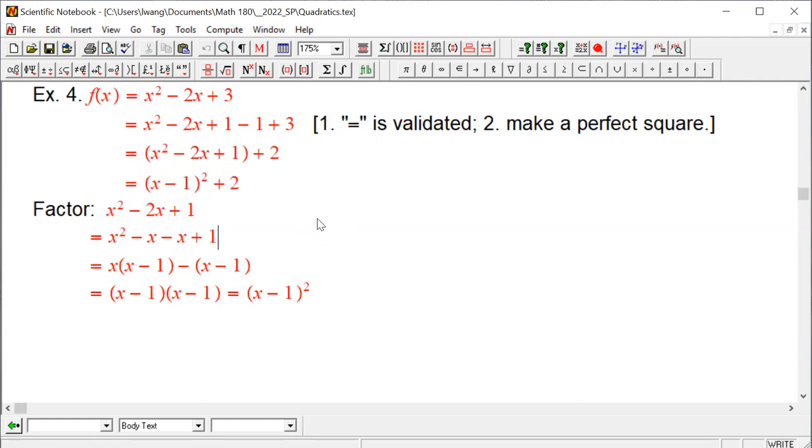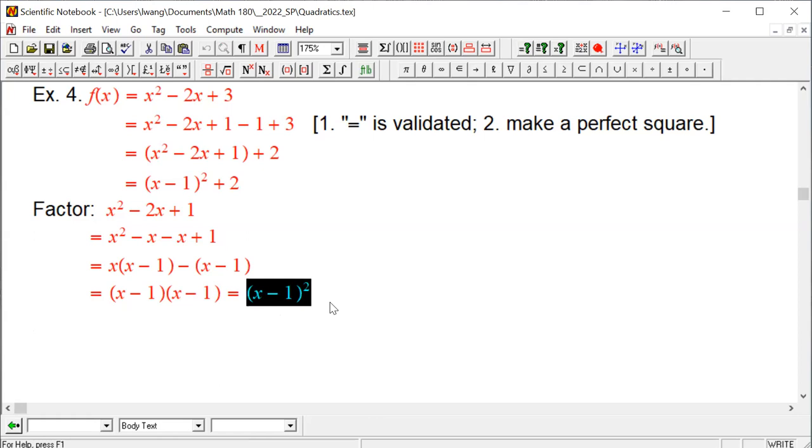Using this method, what we need to do is add a 0 and carefully choose the number you add and subtract. You add the number to make that perfect square and subtract the same number to validate the equal sign.